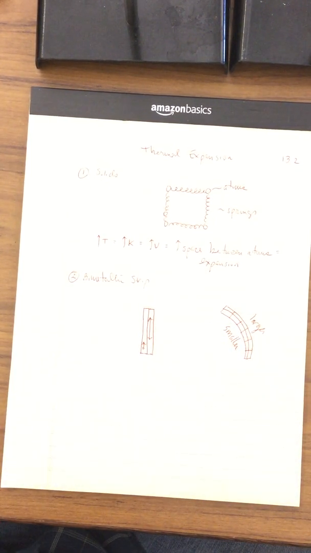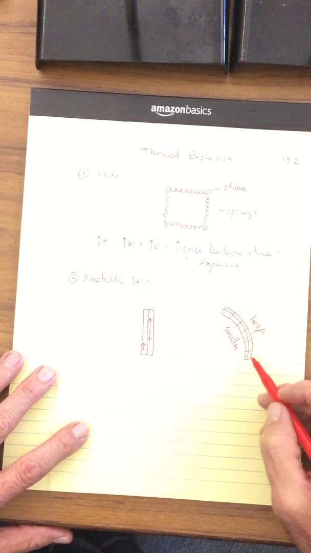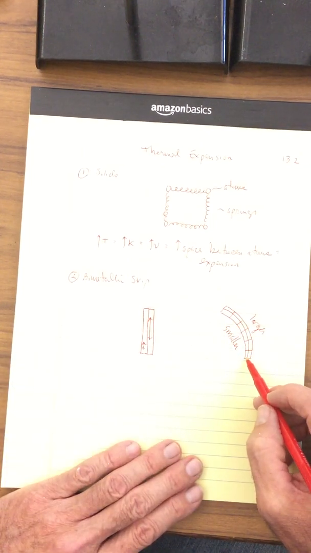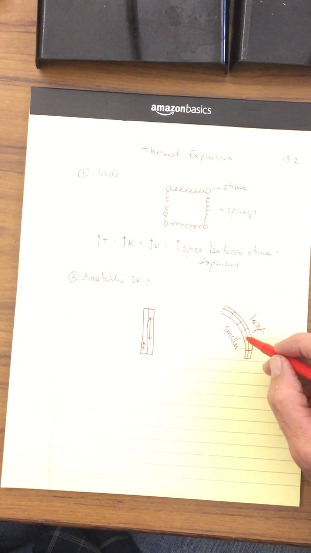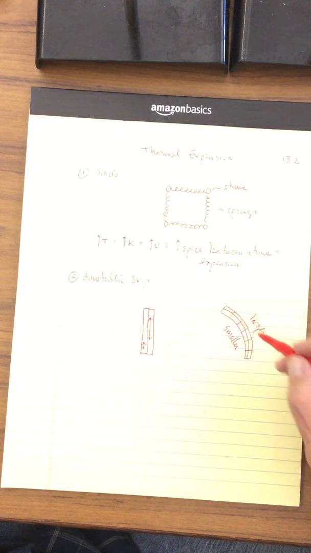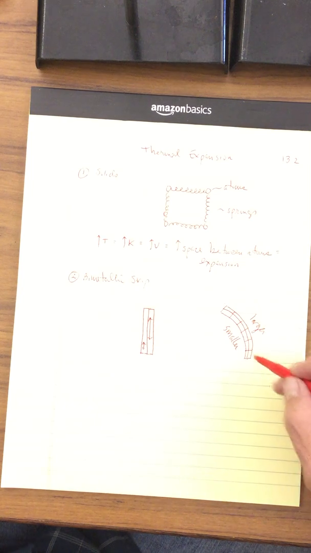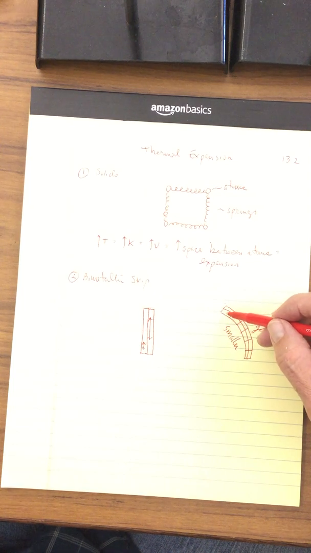Okay, it's much like if you're on a racetrack. Imagine this is a racetrack, and you want to go around this corner. You have a choice of either going to this inside lane or going to the outside lane. Well, if you go to the inside lane, if you've ever driven on a curvy road, you're going to experience a lot more forces than if you were on the outside lane on a curve. Why? Because you're going this distance, and it's actually a shorter distance.